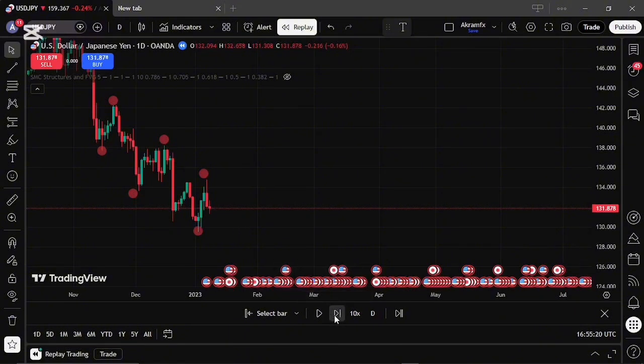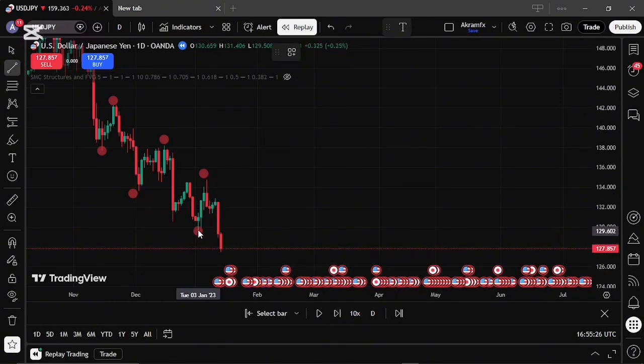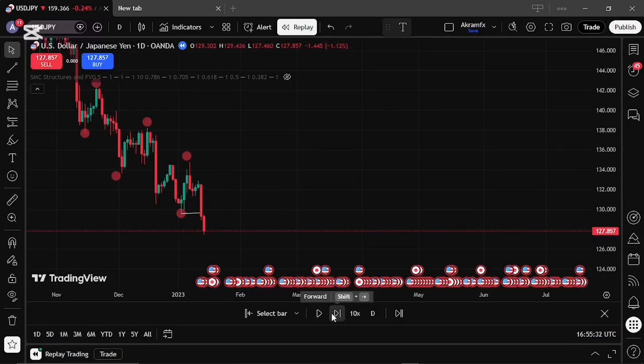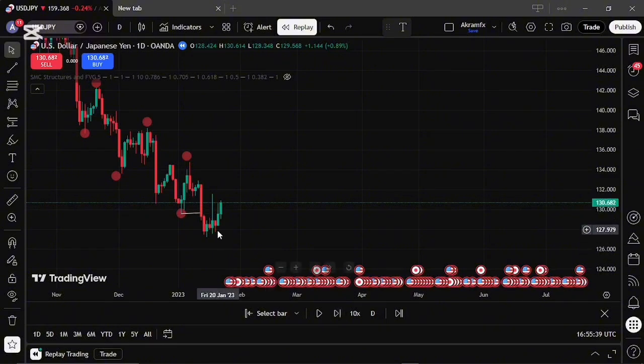we see that prices break this lower low, having a breakout structure there, and then prices have come and created the deepest lower low.